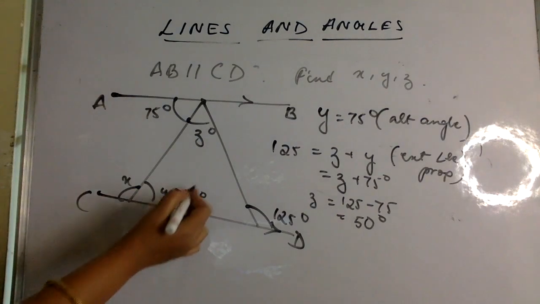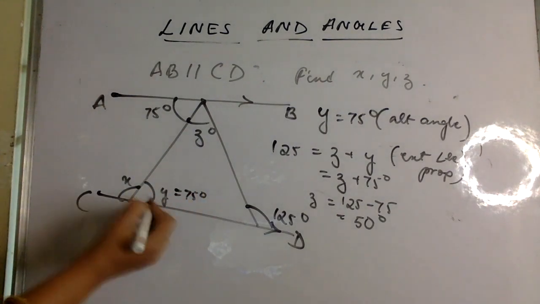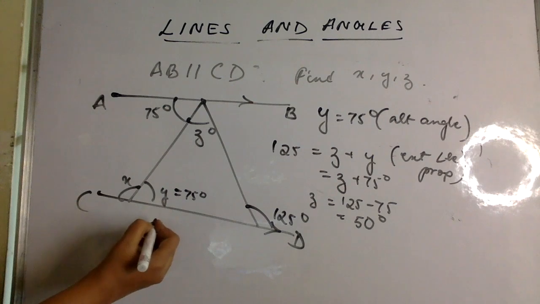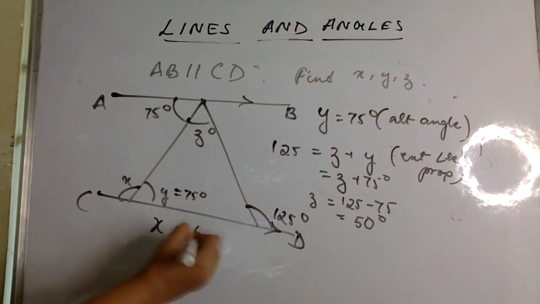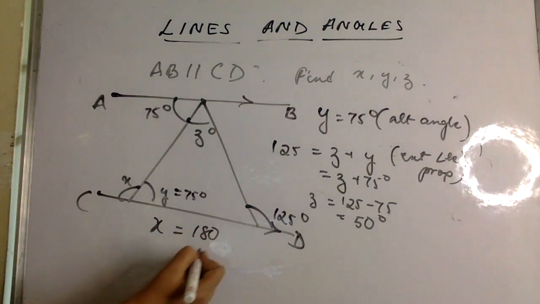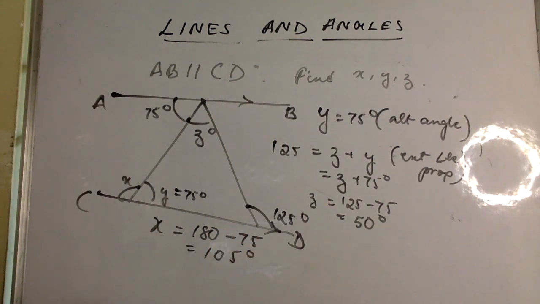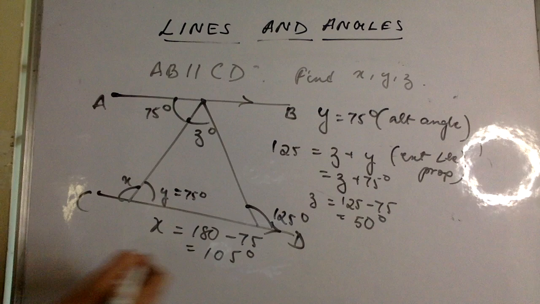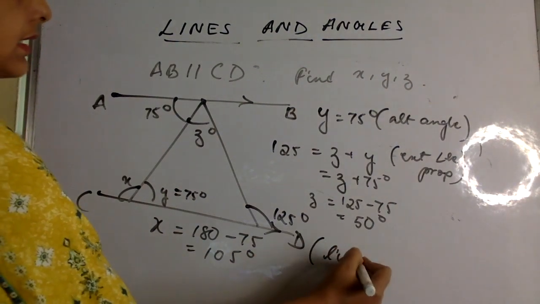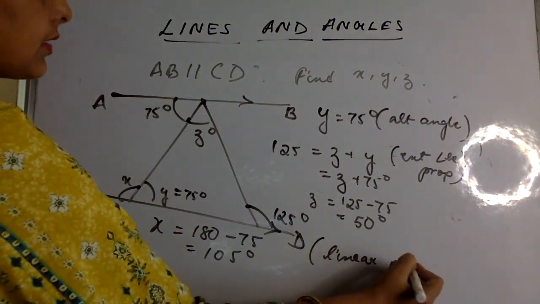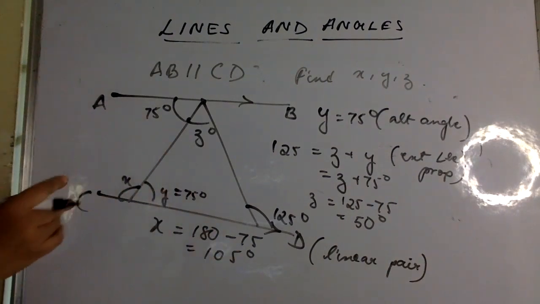Once we have got the value of z, now we want the value of x. x is equal to 180 minus 75, which is equal to 105 degrees. This is due to linear pair. So we got three of the angles.